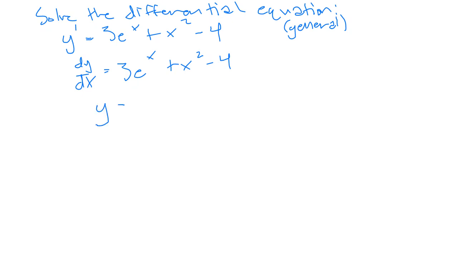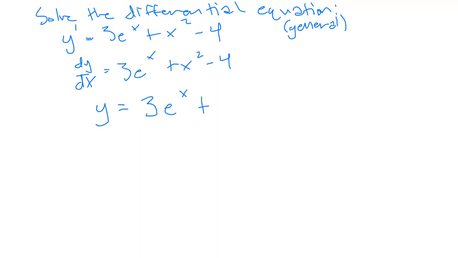Now we have to move on through the rest of this function. If we take the antiderivative of 3e to the x, well, 3 is a constant, and the antiderivative of e to the x is just e to the x. We now have a power rule with this x squared, and we have no coefficient out in front, which is good.